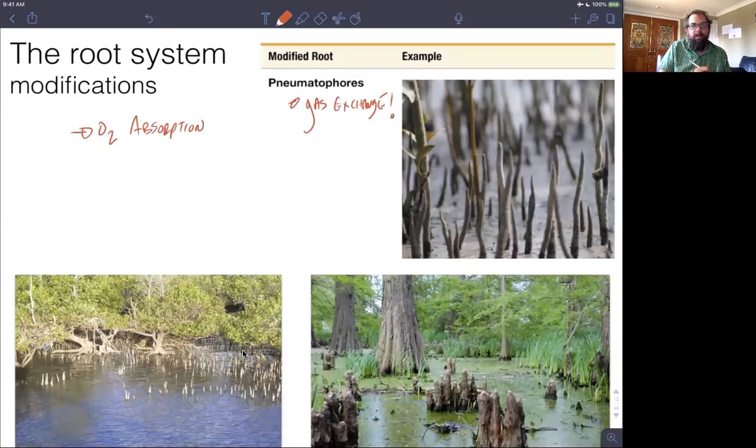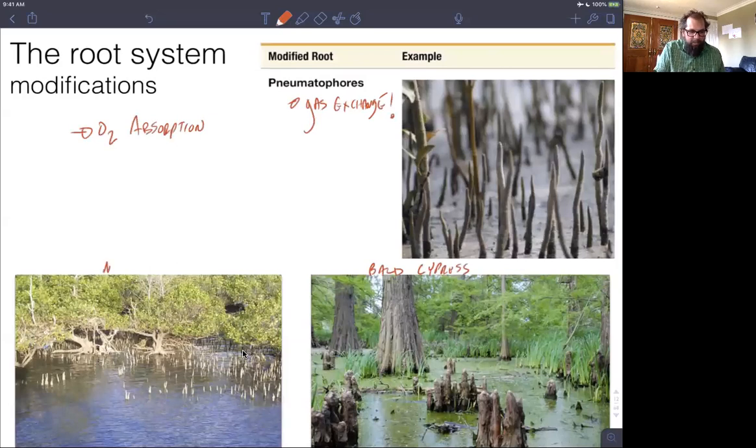Well, in aquatic or semi-aquatic environments, like we see in this bald cypress swamp down here, these grow along the Mississippi River and in the southeastern U.S. In the bayous. This is bald cypress.